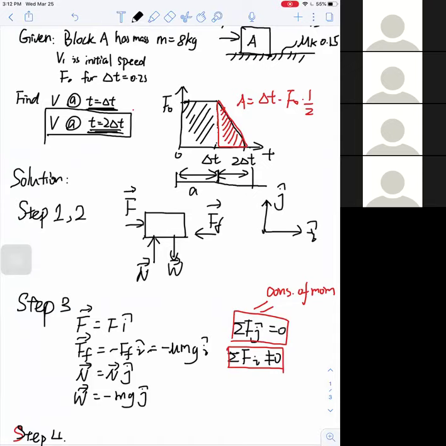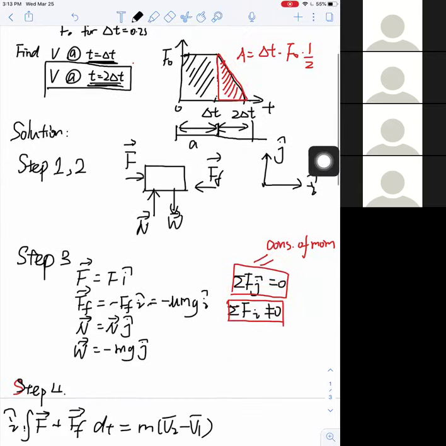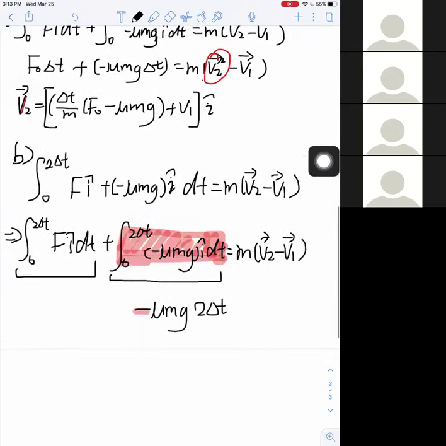Yes, that's right. The integral for the first part is just the total area under this curve from 0 to 2 delta t, right? If you look at the shaded area, it's just a right triangle plus a rectangle. So let's write that down.